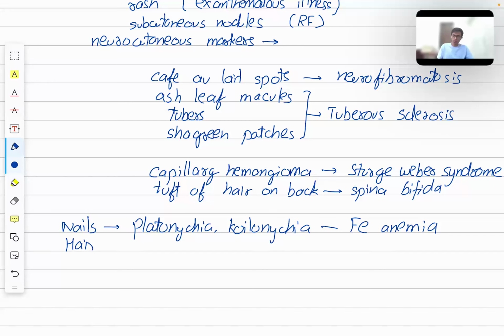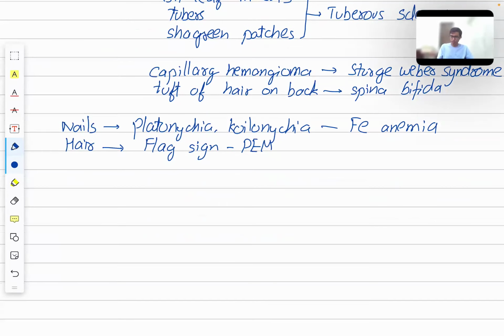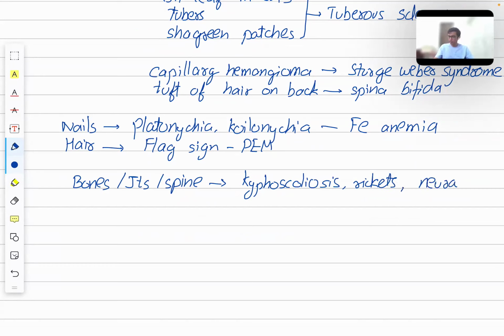Some of the abnormalities that we may see in the hair: flag sign seen in protein energy malnutrition, kwashiorkor. Some of the deformities seen in bones, joints, or spine include kyphoscoliosis, seen in cases of rickets, or you may also see it in cases of neural tube defects.